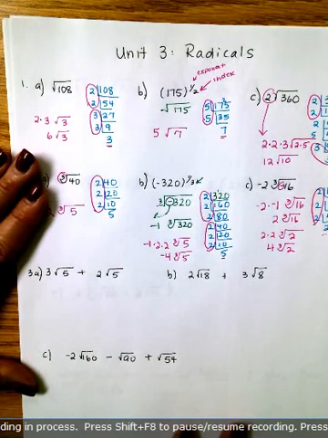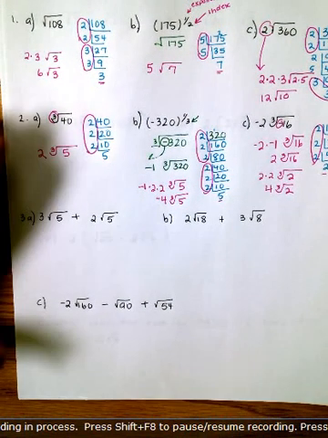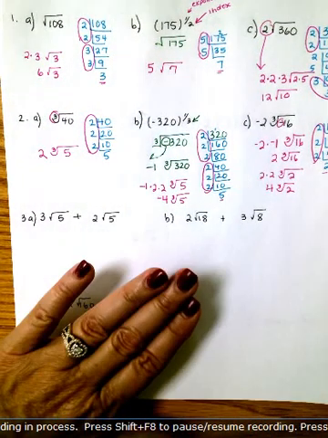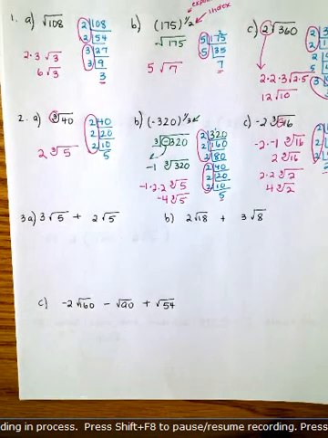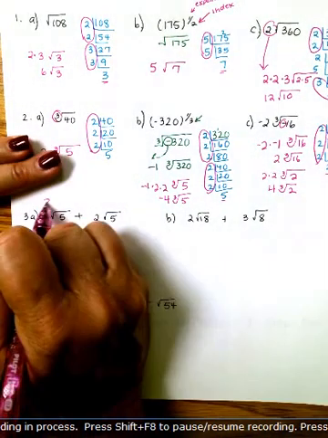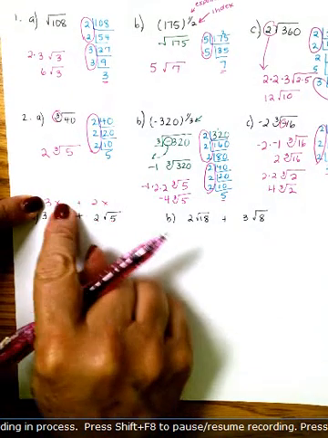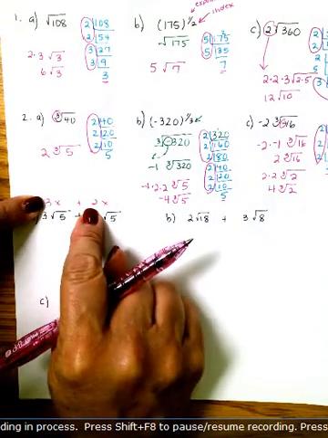Okay, now we're going to look at some operational stuff. Here, you have to remember that a radical is just a fancy thing, like a label. It's the same thing, remember, when we talked about this as being like 3x plus 2x. We would just combine our like terms and get 5x. Same thing here.